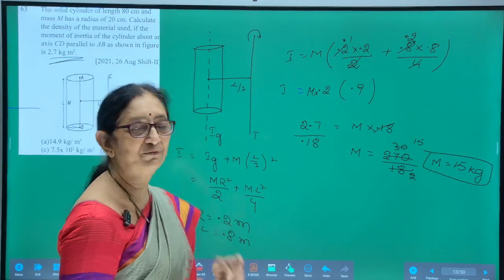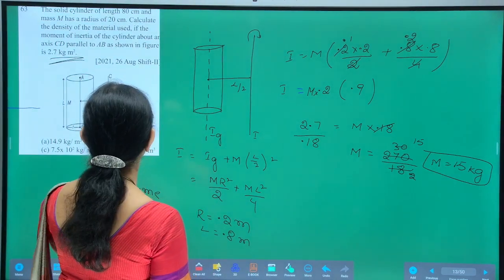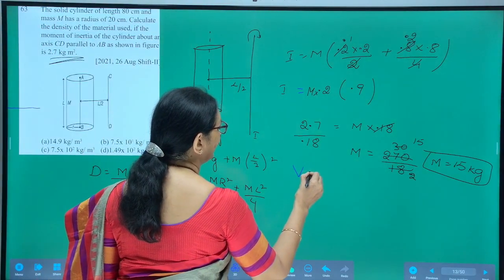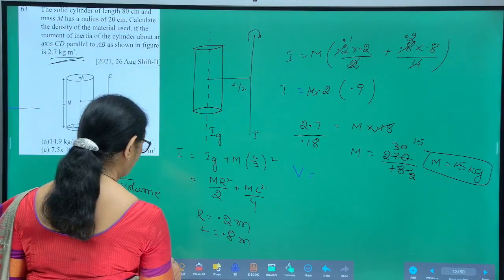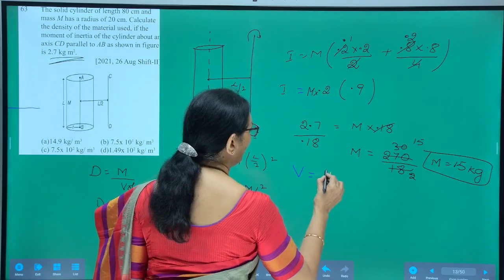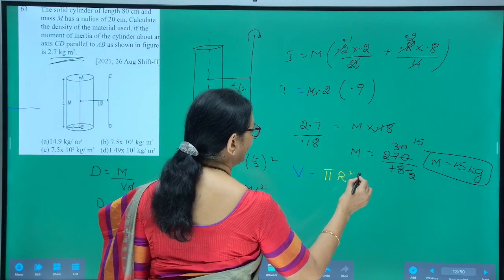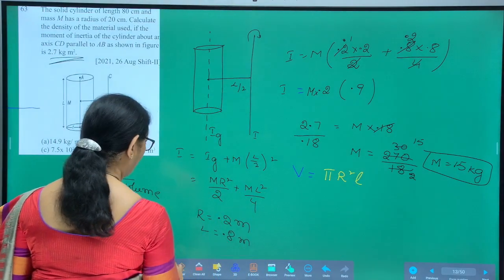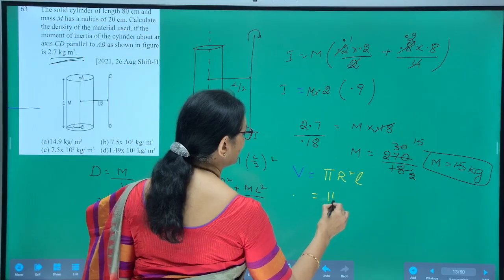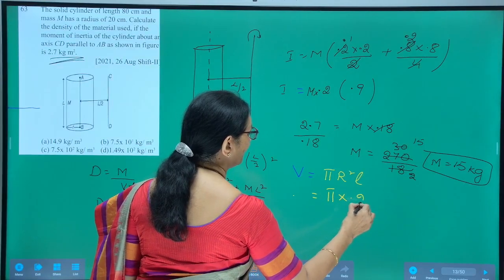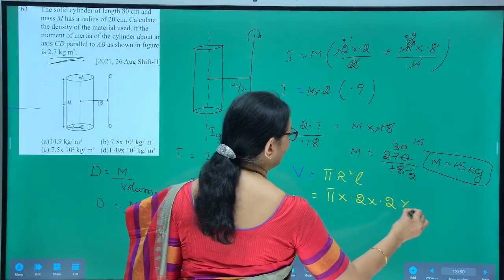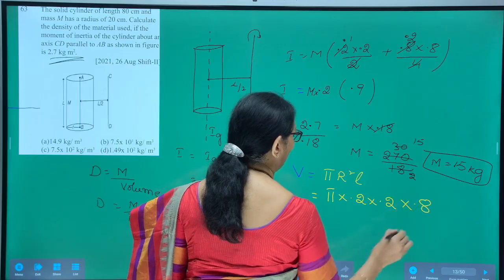So we have to find the volume of the cylinder so as to find the density. So volume of the cylinder is pi r square L. See here, this is pi, r square is 0.2 into 0.2 into length of the cylinder is given as 8.